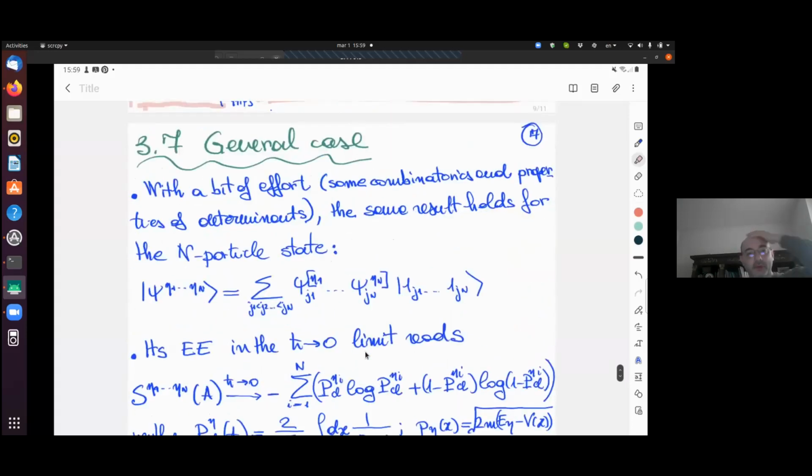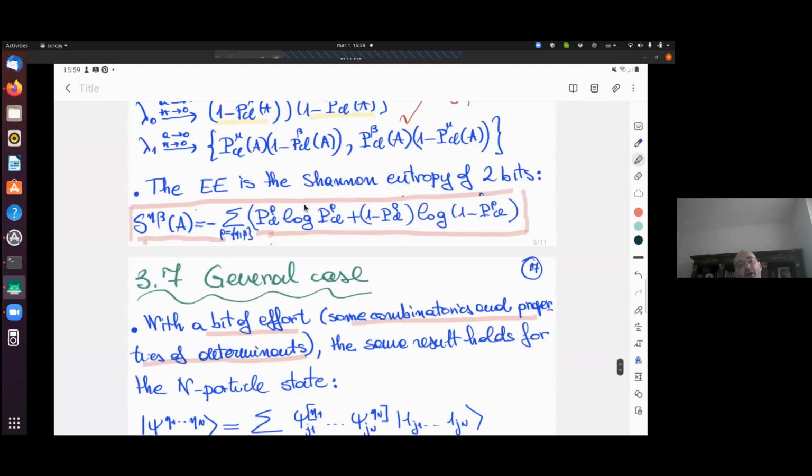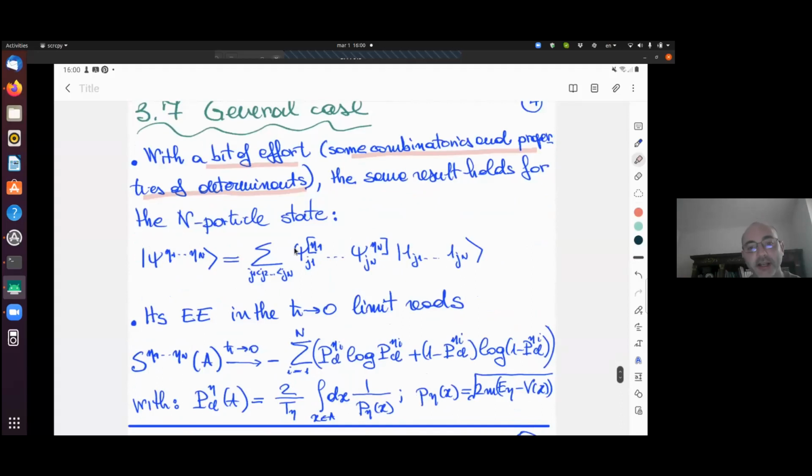So I'm concluding now, just to flash the general case, which with a bit of effort, which has to do with some combinatorics and properties of determinants and stationary phase analysis and all of that, you can show that the same result, so basically this simple formula for the classical limit, the h bar goes to 0 limit of the entanglement entropy, also holds for a general state with n fermions. So here is the state.